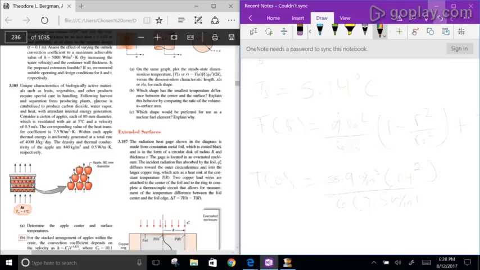Oh, no, sorry, that's the convection coefficient. I even wrote that out and I forgot it. The thermal conductivity is 0.5 watts per meter Kelvin.